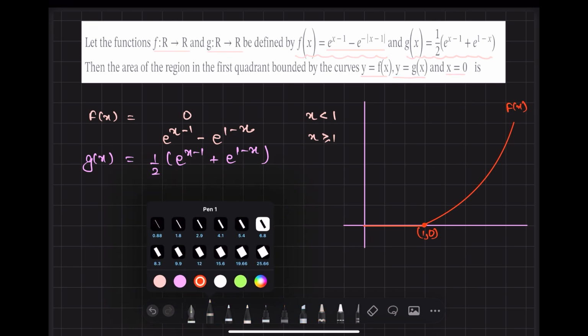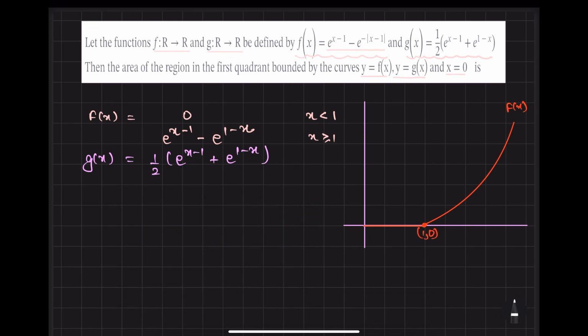Now let's try to draw the diagram of g of x. So if you will draw the diagram of g of x, it will start from which point? So suppose x is 0. So if x is 0, it will become 1 by 2 e power minus 1 plus e. So you know that it will become 1 by e and then it is e.